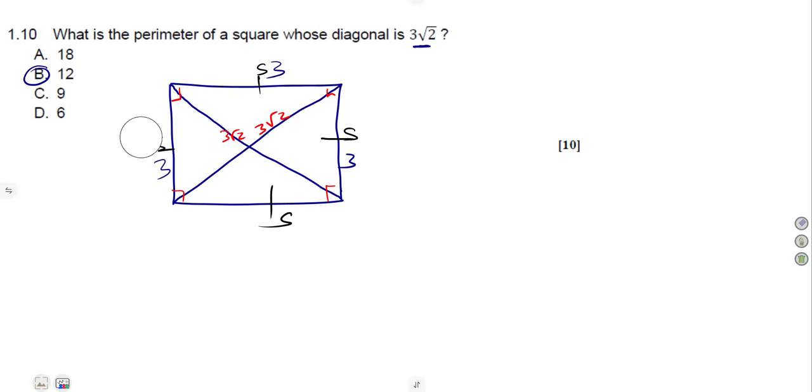Besides what we calculated from the Pythagoras concept, where we have diagonals, in the case of a square, rectangle, and so forth, we can use the area as half the product of the diagonals.